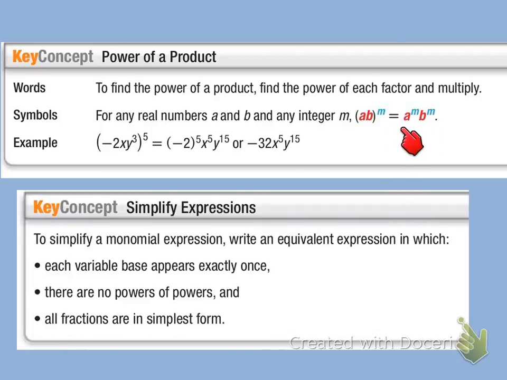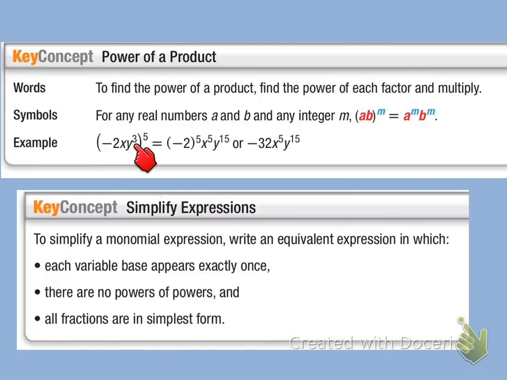Yeah, I switched it a little bit from what's posted up, but that's okay. Whenever you have a product, which means a multiplication, and it's to a power, you take everything inside of it to that power. The example shows us kind of like this.